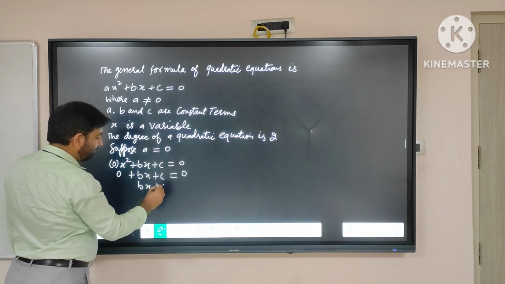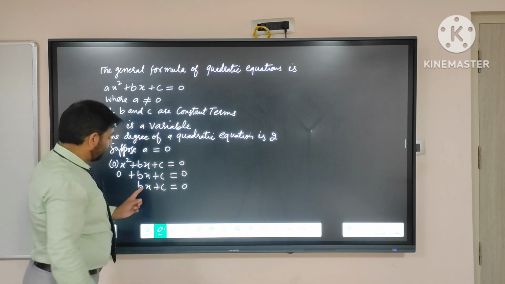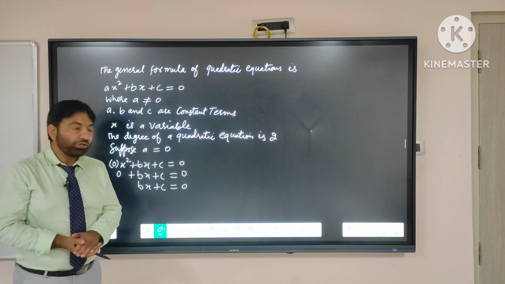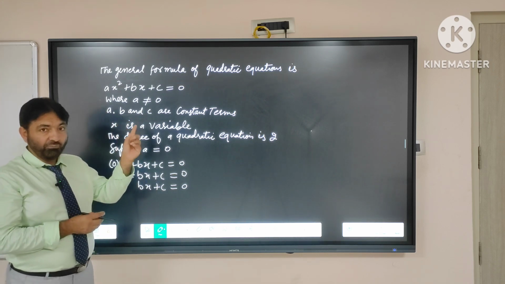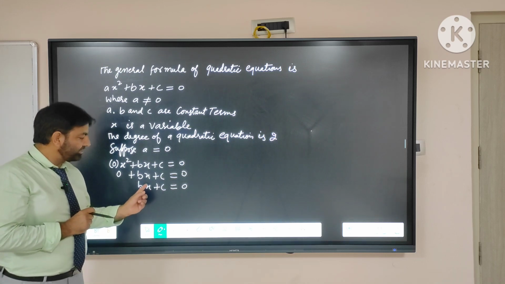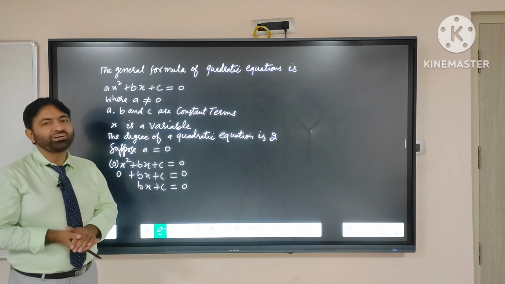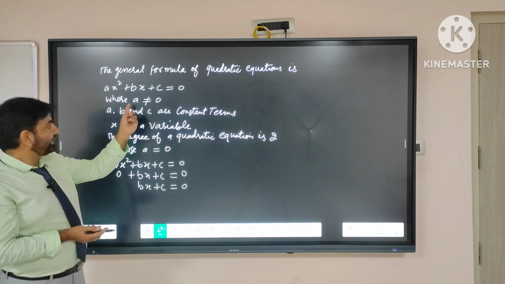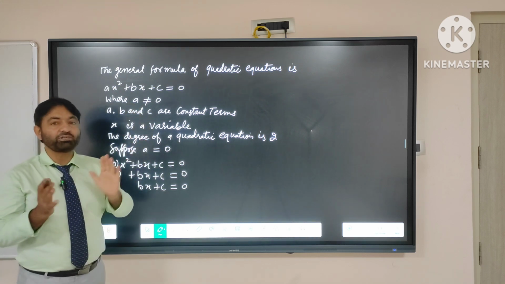Finally, we come to the conclusion that this is a linear equation, not a quadratic one. For a quadratic equation, the degree should be 2. Here the degree is only 1, so it is not a quadratic equation. That's the reason we put this condition, a should be not equal to 0.